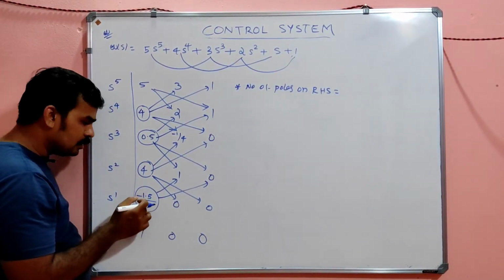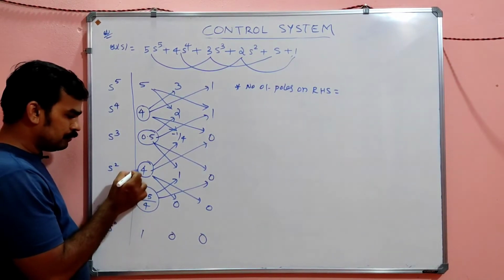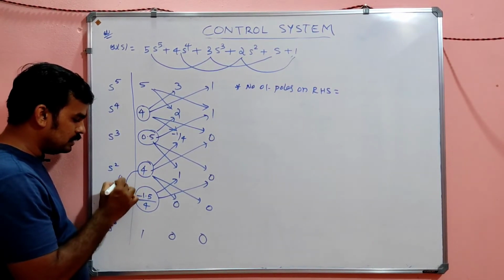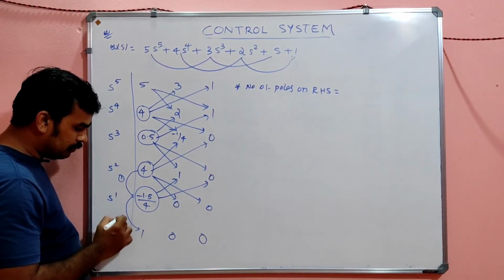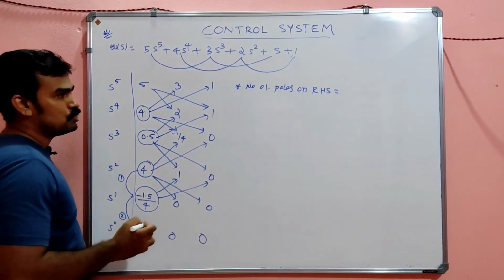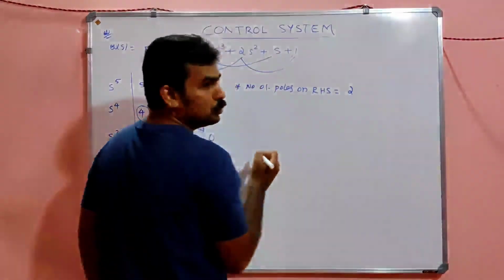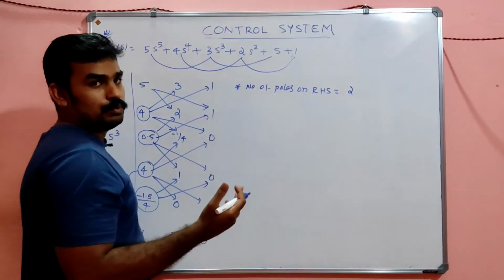Focus on the top and focus on the bottom. From plus to minus, one sign change. From this minus to this plus, again one sign change. So there will be two sign changes. So the number of poles on RHS will be equal to 2.